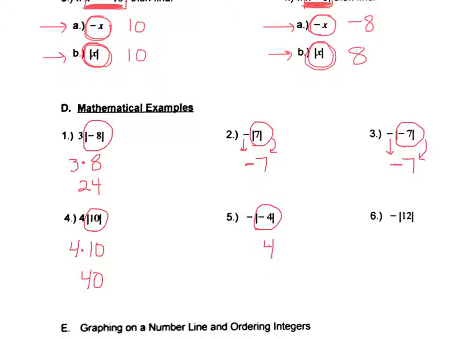That's what absolute value is asking, how many steps. And then bring down that negative, that opposite. And finally, I do the absolute value of 12, which is 12. Do that right away. And then bring down that negative, that opposite sign.